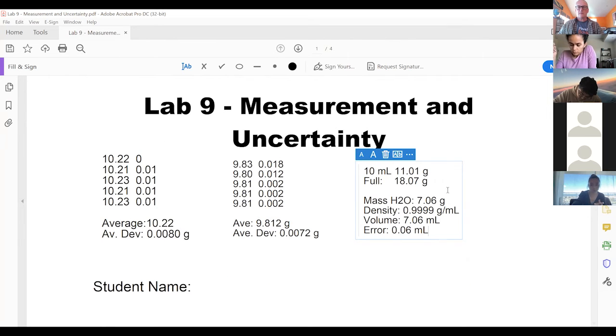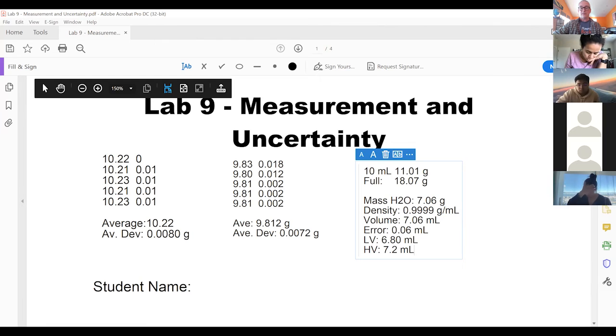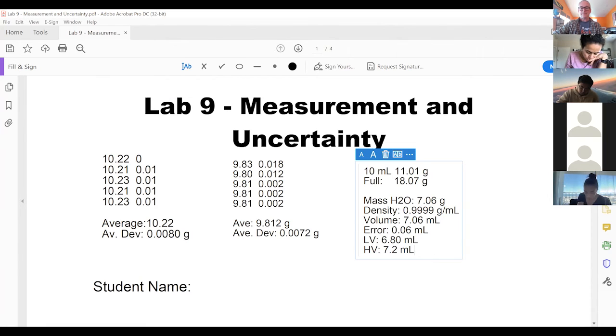So my low volume is 6.80 mL. My high volume is 7.2 mL. So my uncertainty is going to be 7.2 plus 6.8.